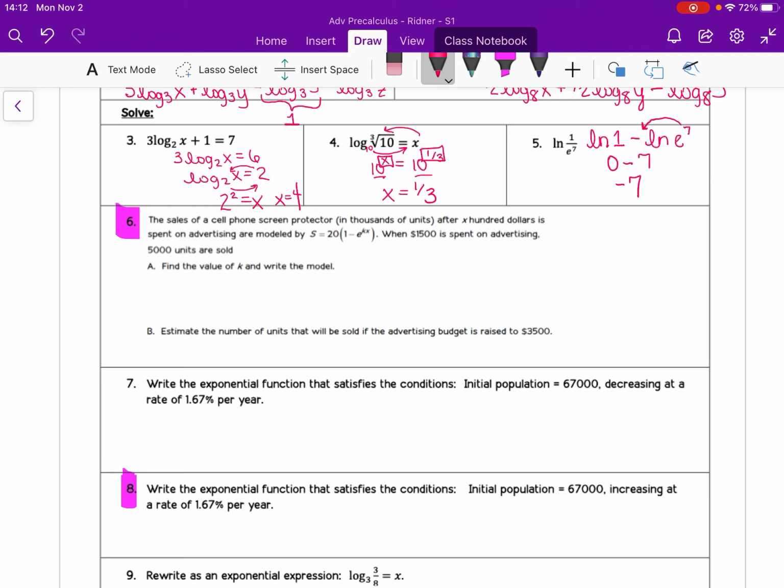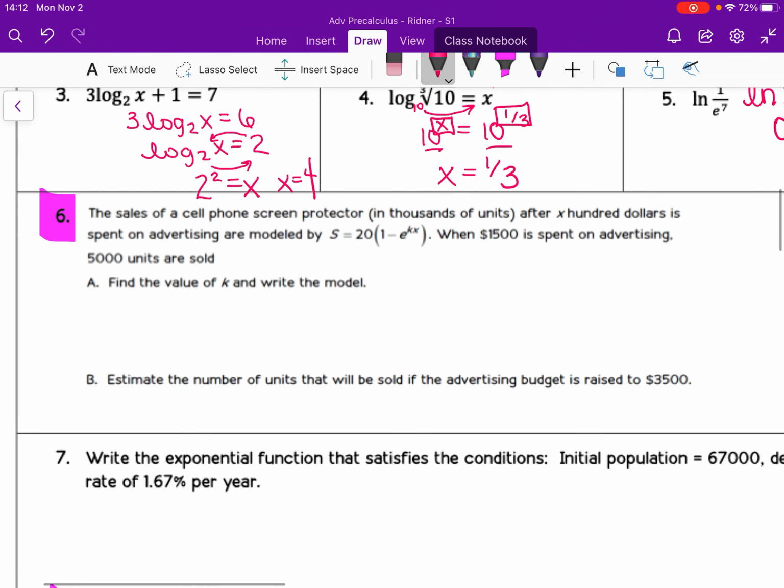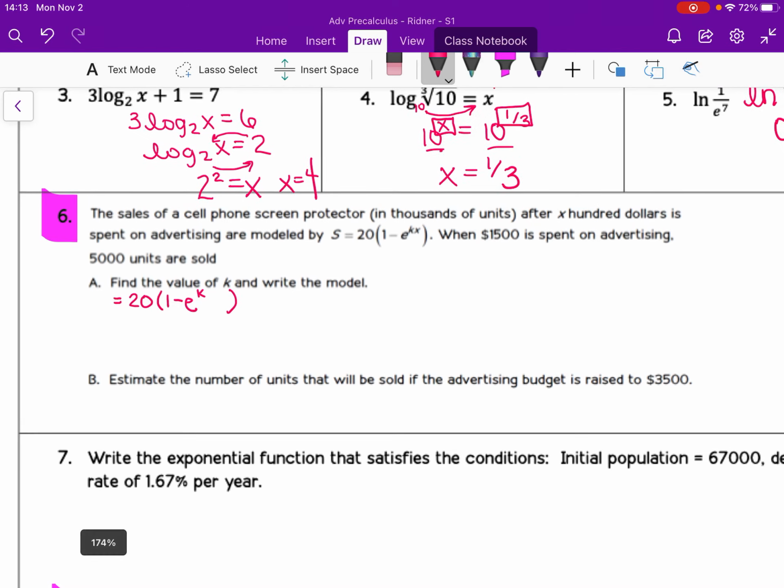So using the formula given, we first have to find k, which means that we should be able to fill in x and s to solve. And so, which we can. And to do that, this is going to be 1,500 because x is X $100.